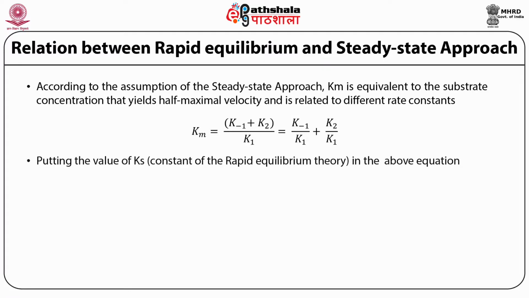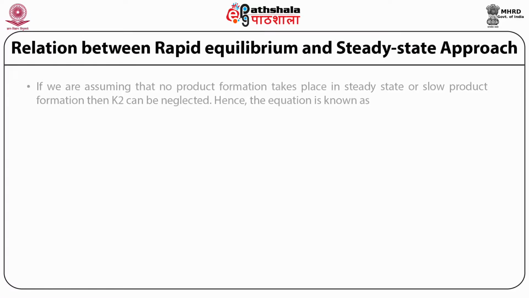So if you put in the value of Ks from equilibrium theory, where Ks is equal to K minus 1 divided by K plus 1, then the equation becomes Km is equal to Ks plus K plus 2 divided by K plus 1. If we assume that no product formation takes place in the steady state, or slow product formation takes place, then K plus 2 can be neglected in the steady state model.